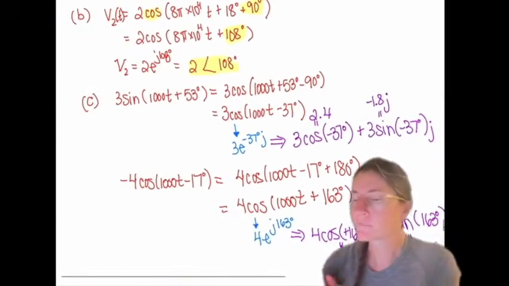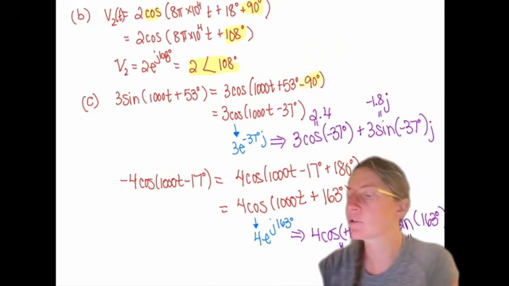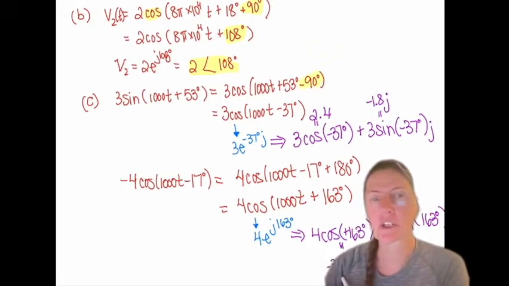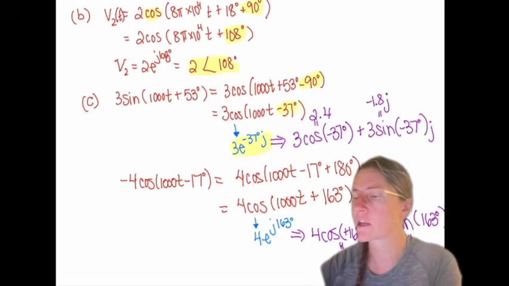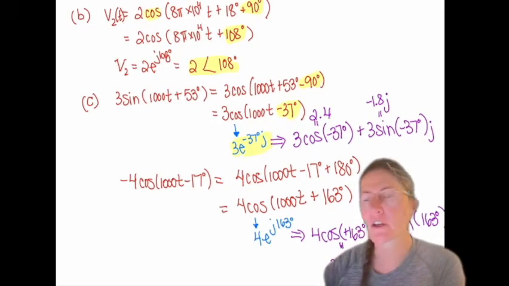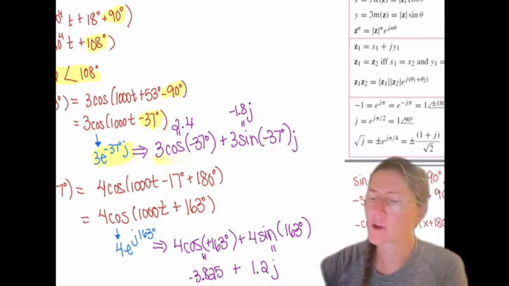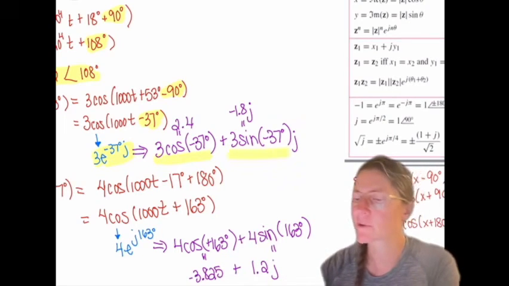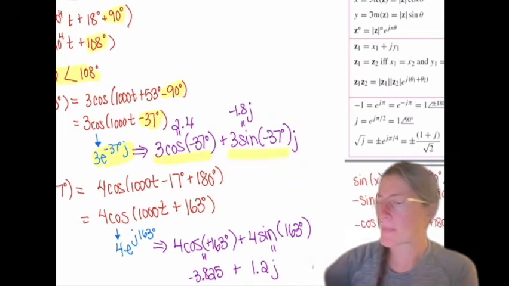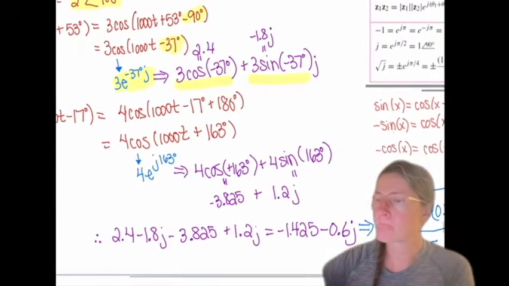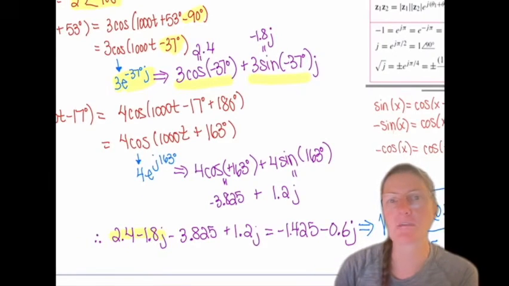So 3 sine becomes 3 cosine, and you just use minus 90 for that conversion, and then change that into the polar form, 3e^(-j37 degrees), and then the conversion is 3 cosine minus 37 plus 3 sine minus 37 j, and that ends up being 2.4 minus 1.8j.